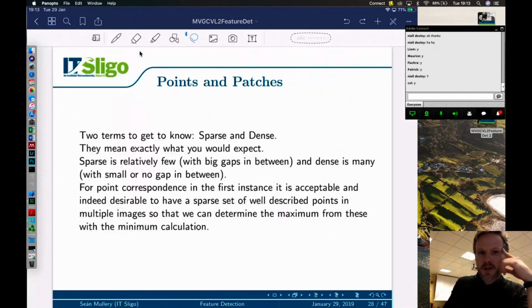So two terms to get to know are sparse and dense, and these mean exactly what you would expect them to mean. Sparse means relatively few with big gaps in between, and dense is many with small or no gaps in between. For point correspondence, in the first instance, it's acceptable and usually desirable to have a sparse set of well-described points in multiple images so that we can determine the maximum from these with the minimum calculation.